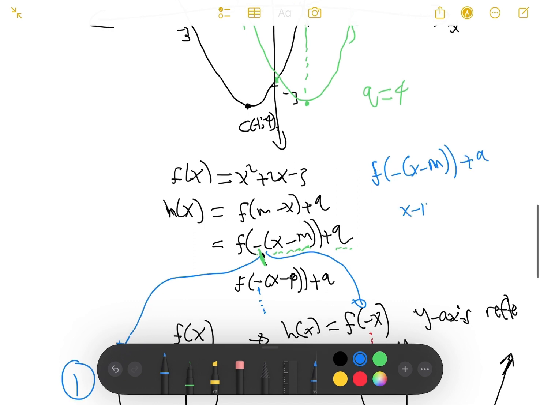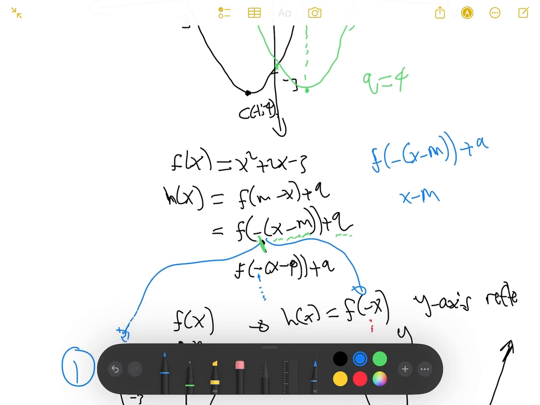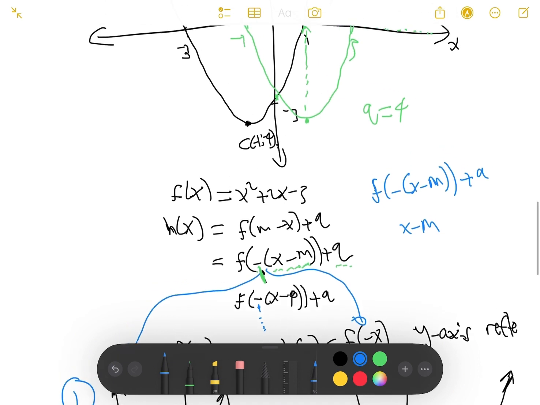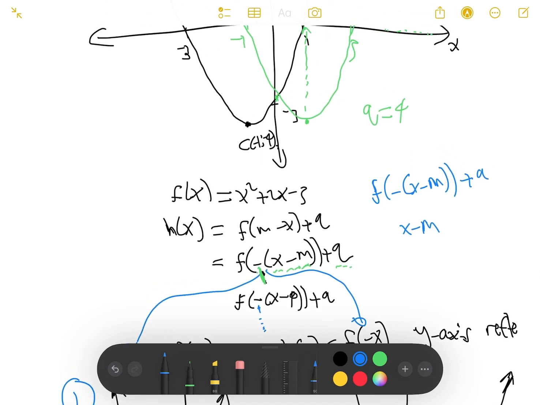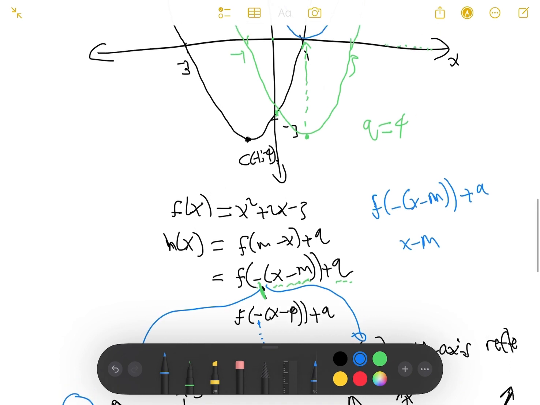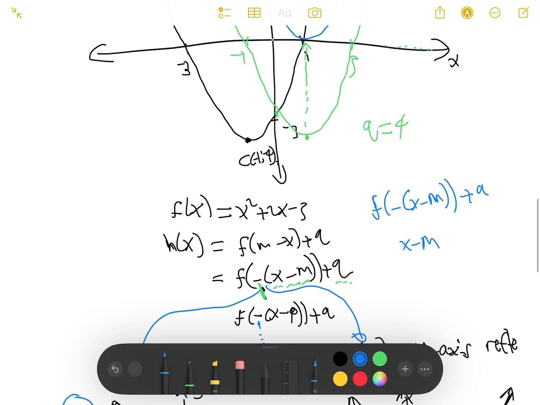Using x minus m, what you notice, as I've said earlier, is that at the end of the day, negative means that we are moving to the right, and positive means we are moving to the left.